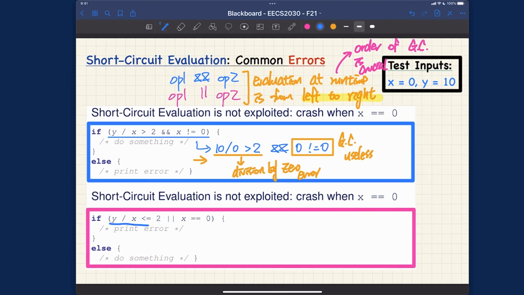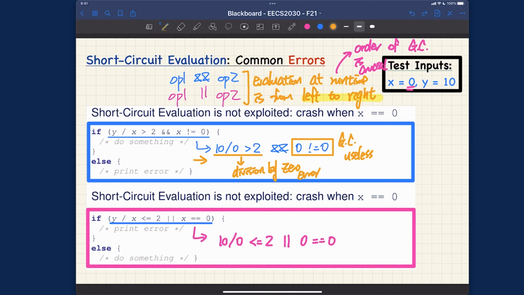We are going to evaluate this again. X is 0 and y is 10. What's going to happen is 10 divided by 0 less than or equal to 2, or 0 equals 0. So x is 0. We're going to evaluate again from left to right.